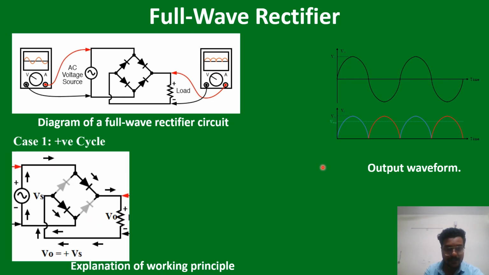To analyze the working of the full wave rectifier circuit, we are first considering the positive half cycle. For the positive half cycle of the input, you can see here that these two diodes act as forward biased and the other two act as reverse biased.